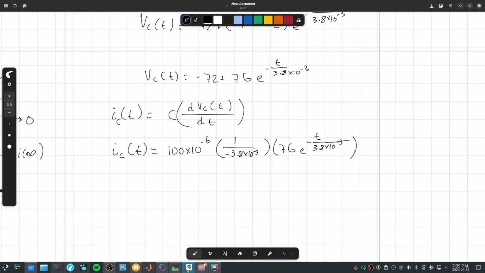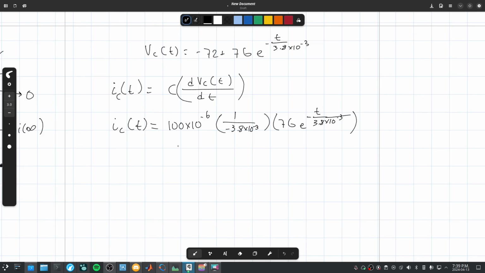Again, this is just calculus. Multiply those two, so that's 100 times 10 to the negative 6 over negative 3.8 times 10 to the negative 3. And you get negative 0.026. Oh wait, multiplied by this 76, because this is all multiplied by each other.